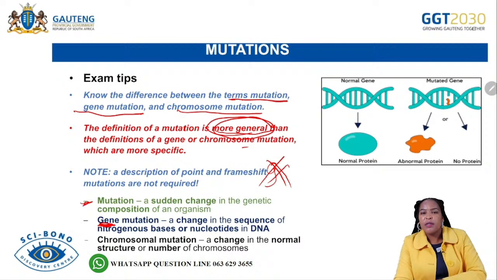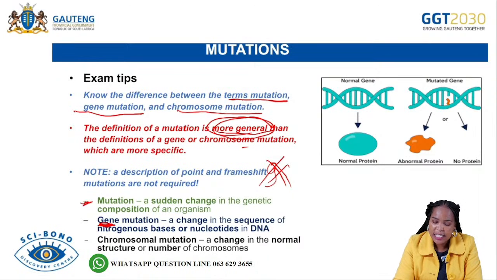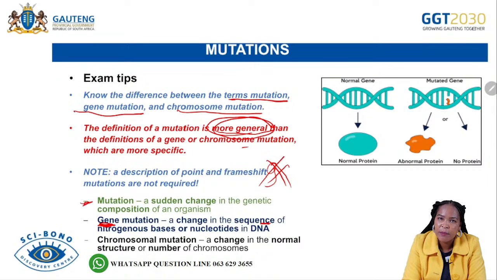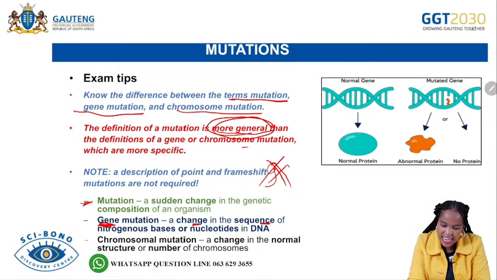Gene mutation can be described as a change in the sequence. Now, this is very important. The sequence, when you were doing DNA in the first term, you know how the nitrogenous bases are sequenced and how they pair up. So with mutation, you have to state that it is a change in the sequence of the nitrogenous bases or the nucleotides in DNA.